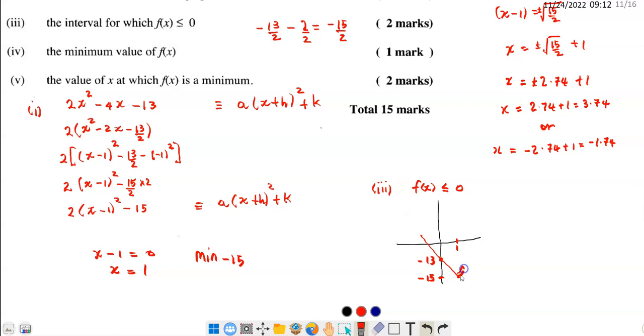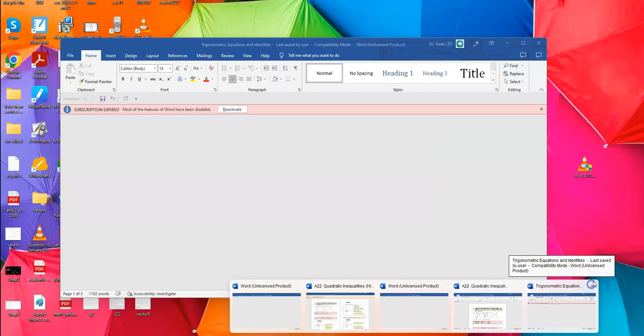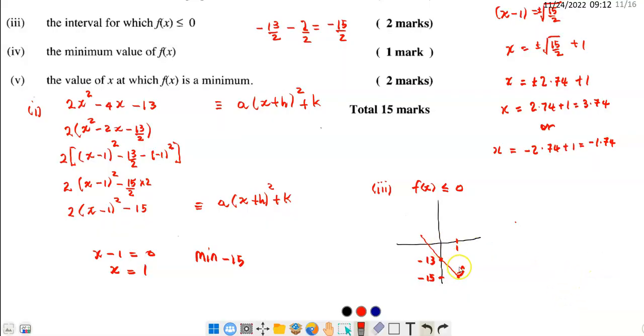It's not the best one, but our curve is looking something like that. Now when f of x is less than or equal to 0, it means that we're talking about all the values below here, all the values in here.